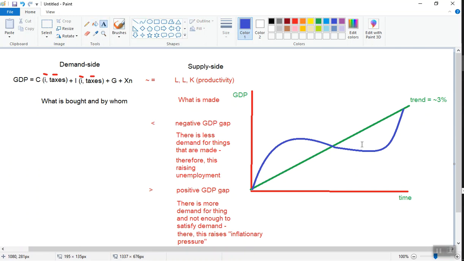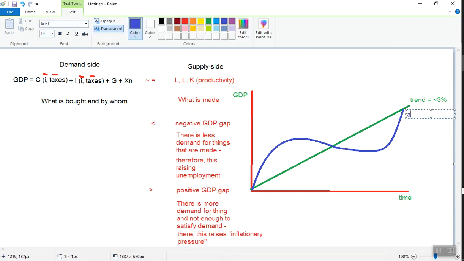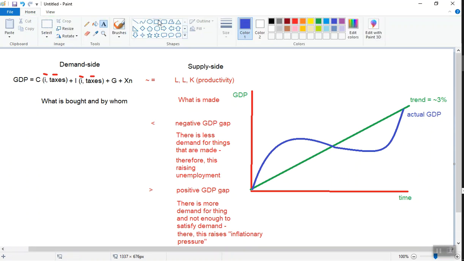So recall that as we grow too slow, right? So this is actual GDP. Actual GDP does not move in a straight fashion, sometimes too fast, sometimes too slow. Recall that the Federal Reserve's job is to try to keep us within certain boundaries of growth, to not grow too fast and not grow too slow.